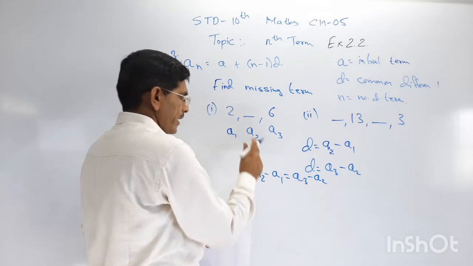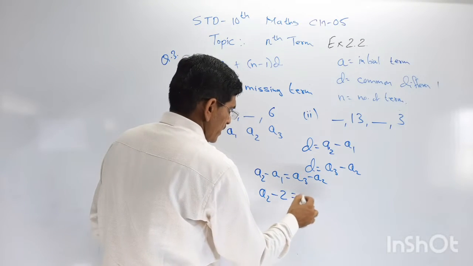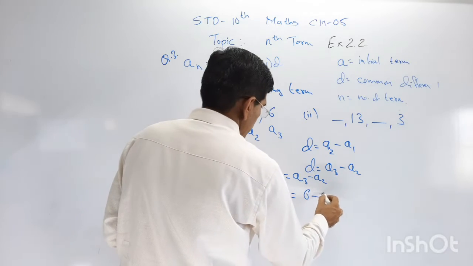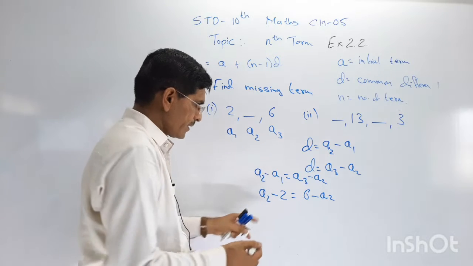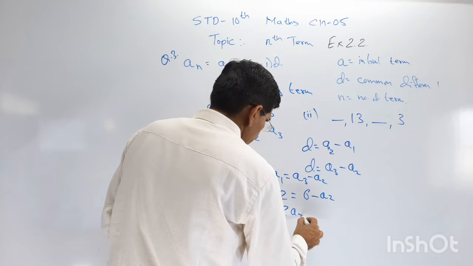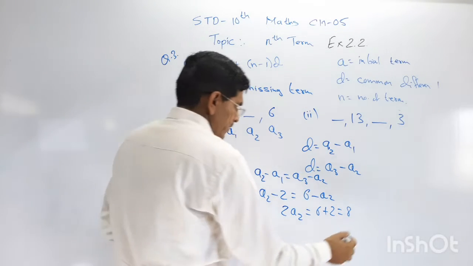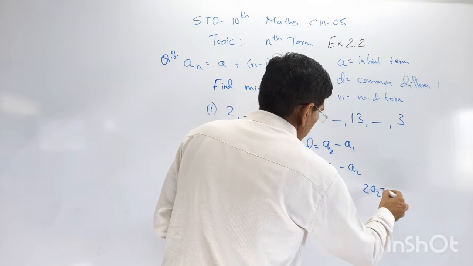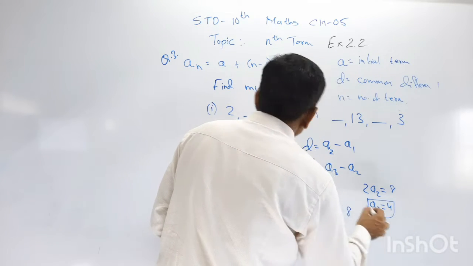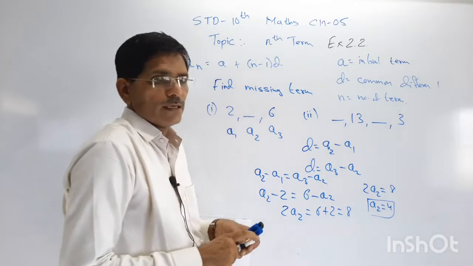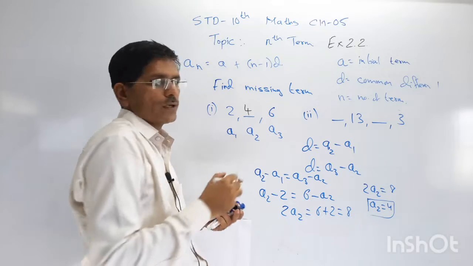Now I have to find the A2 value. A1 is given as 2, A3 is given as 6, and A2 as it is. So this minus becomes plus here. So 2A2 is equal to 6 plus 2, that is 8. So A2 is equal to 4. I write the answer 4 here.